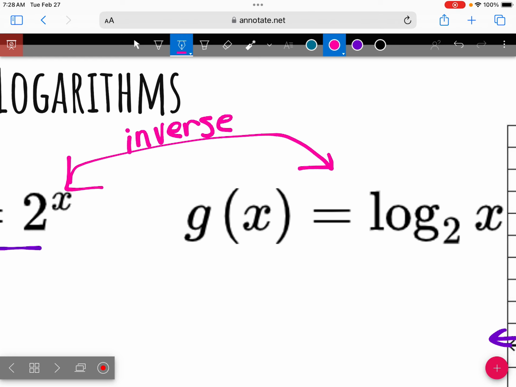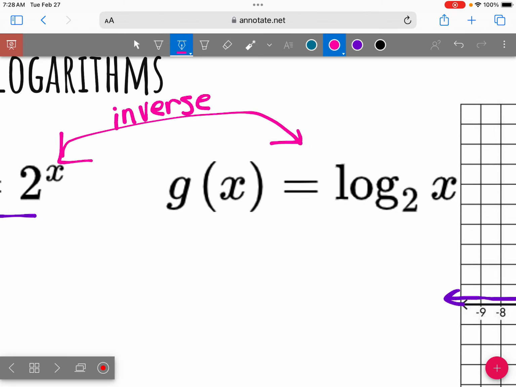It is an inverse operation. When we do inverses, we take our x's and our y's and make them change places. So when we look at this table over here, I'm going to take my x's and my y's and make them change places.